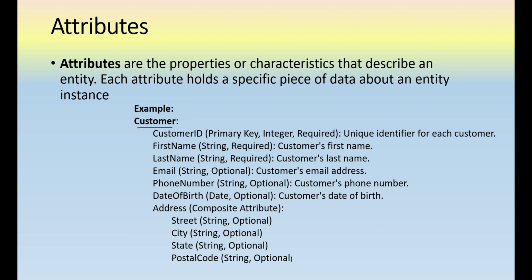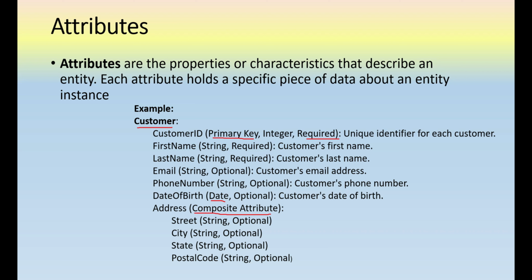So you have a customer key, customer ID, and it needs to be a primary key. That is a required column, meaning it's a mandatory column. First name and last name are mandatory columns, and email ID is optional because your customers might not have email IDs. Phone number also is optional. Date of birth is optional, but it has a data type of date, right? And address is again one of the important attributes here.